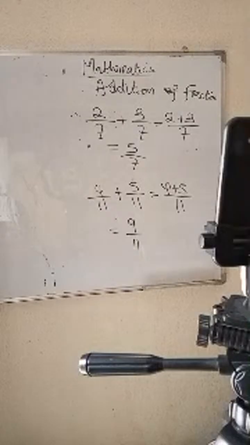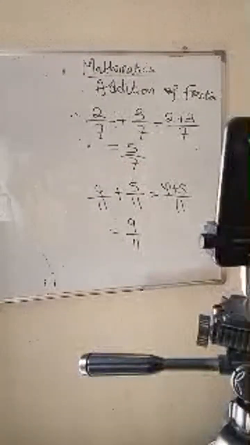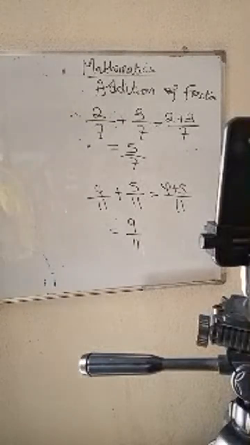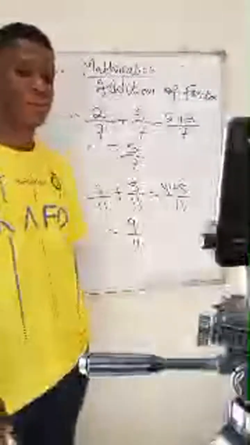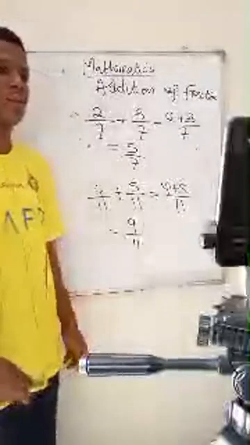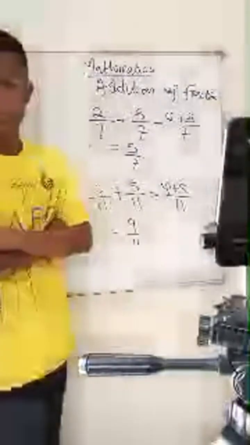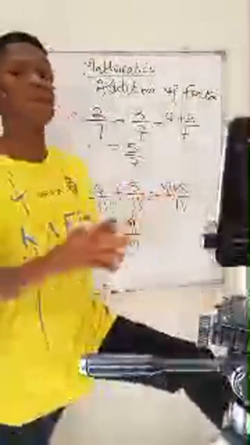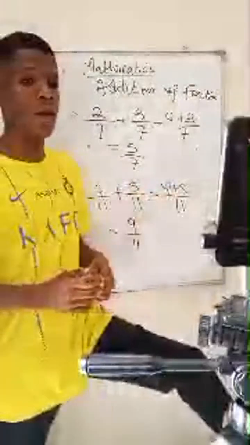Add their numerators. That's the easiest method of adding 2 fractions together. Are you done writing, please? So adding fractions and subtracting them, once you know this trick, or this method, it will be easy for you to do it.